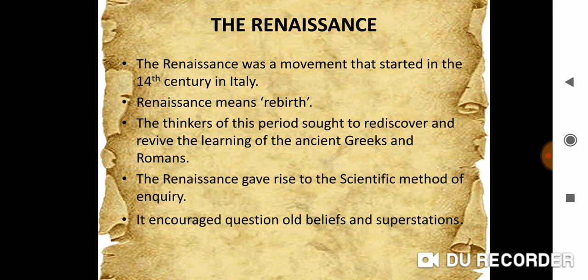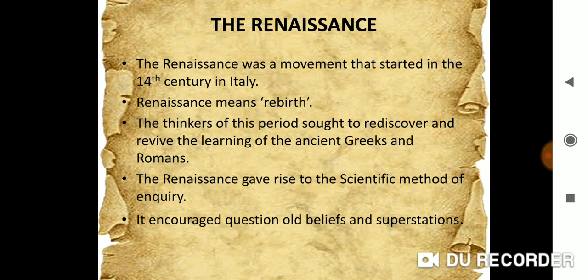The Renaissance was a movement that started in the 14th century in Italy. Renaissance means rebirth, punarjanam. The thinkers of this period sought to rediscover and revive the learning of the ancient Greeks and Romans.